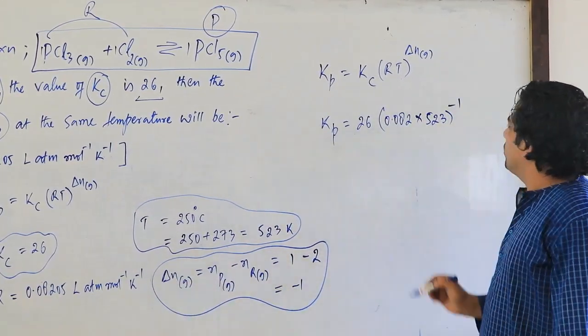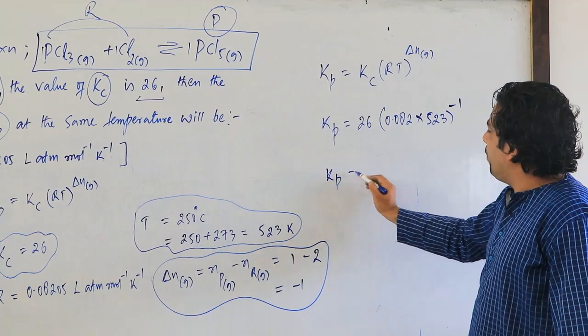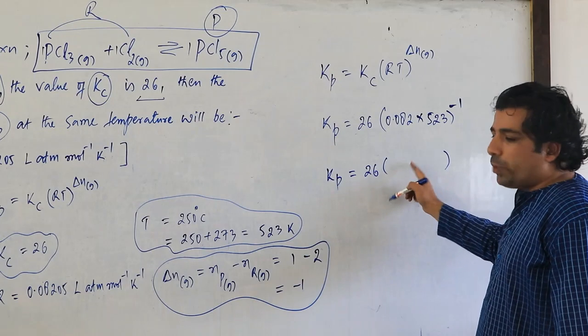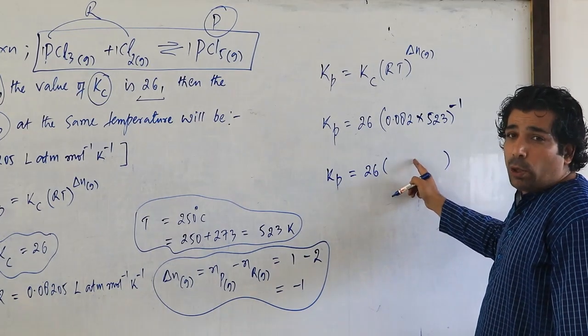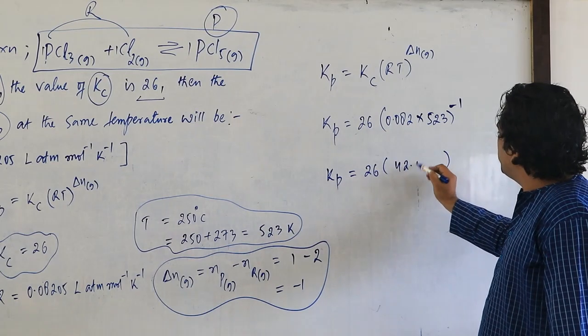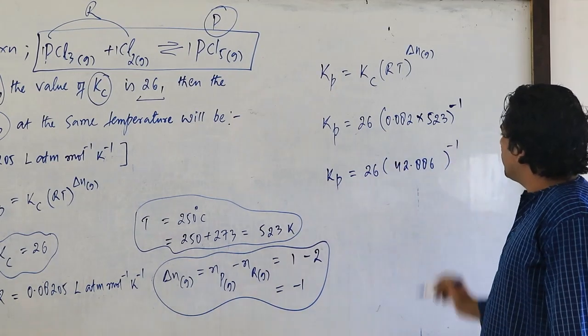So I can write Kp is equal to 26 into, if you multiply these two expressions, you will get 42.886, raised to the power -1.